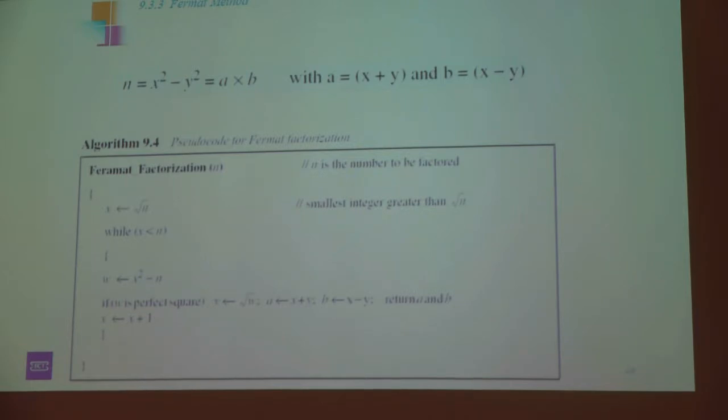In the Fermat factorization method, we divide a number n into two positive integers, a and b, not necessarily prime, so that n equals a times b. We have to look for x squared minus y squared.